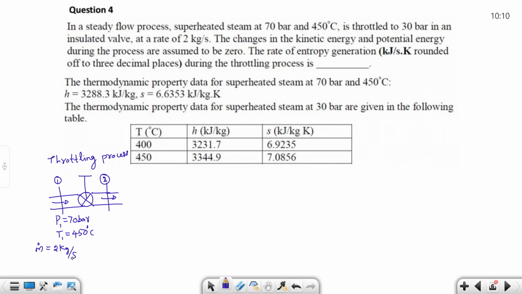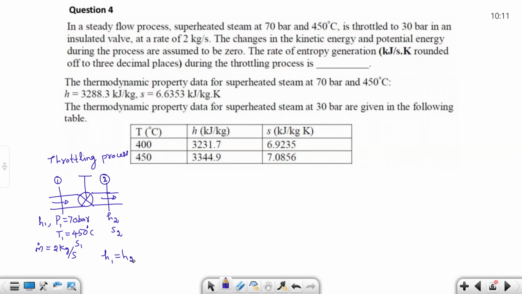Changes in the kinetic and potential energy neglected, entropy generation during the throttling process. So here enthalpy will be H2, here enthalpy will be H1, entropy S1, here S2. So we know from the throttling process, H1 will be equal to H2.